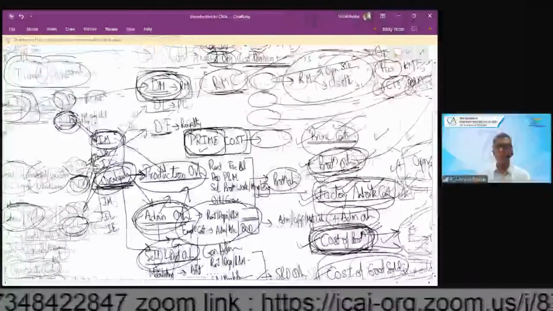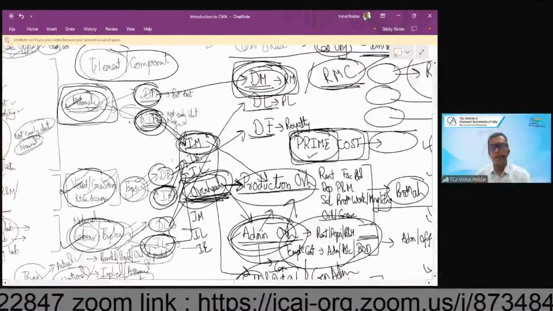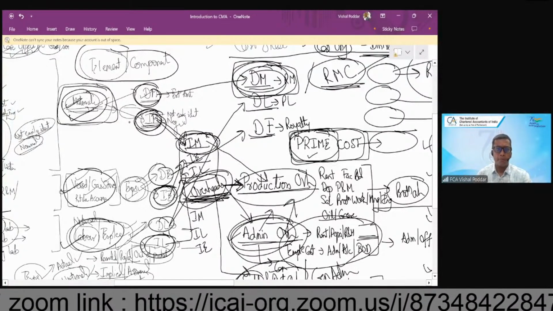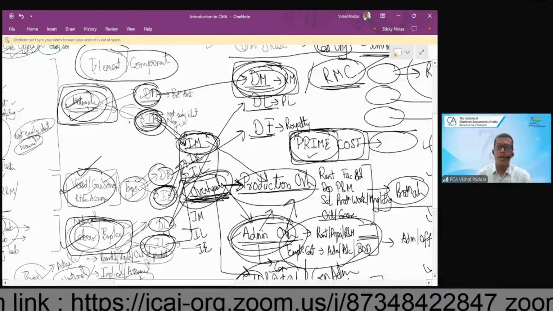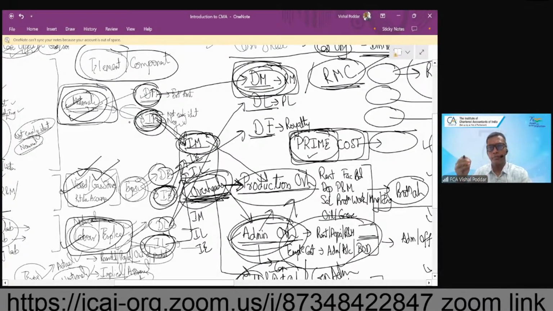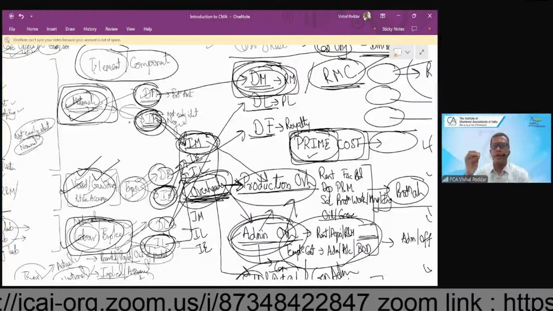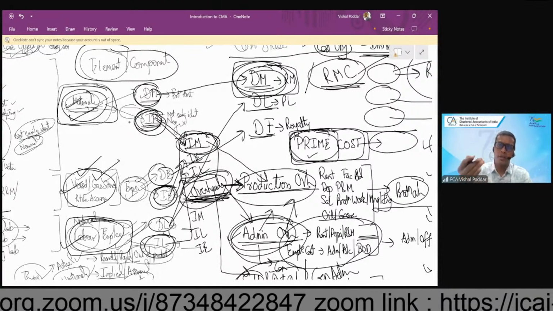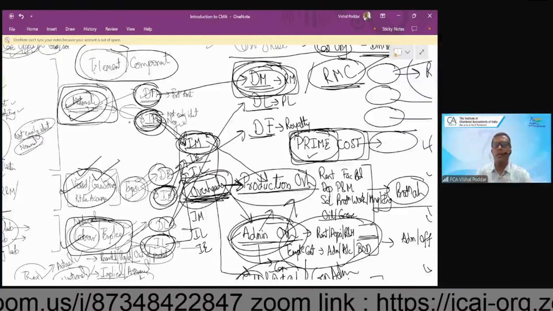Now, what we are going to study henceforth is, as we discussed last time, the three major components of cost: the material component, then the employee or the labor component, and the cost relating to your facilities, your assets. So it is depreciation, it is the renting, it is the insurance, maintenance, etc. Now, this is the next few chapters of your syllabus, which is the discussion on each element of cost.